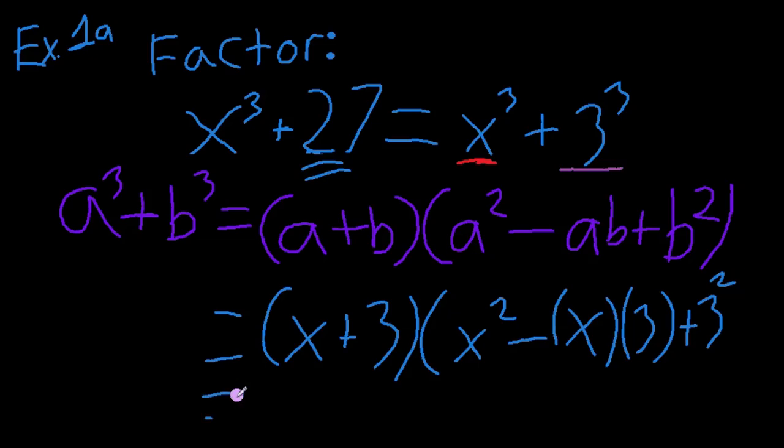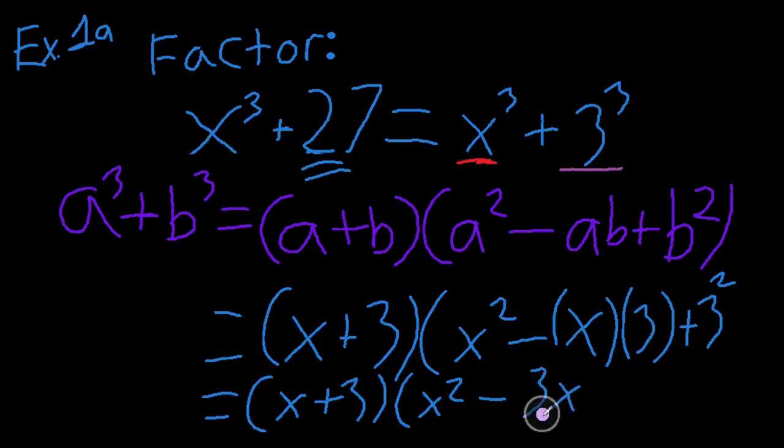I have to do one more step just to simplify. So I will get this binomial. Usually you won't need to simplify this at all. It's in the trinomial part, the second part, that we need to do some simplification usually. X times 3 is the same thing as 3x. So just rewriting the order and getting rid of these parentheses.